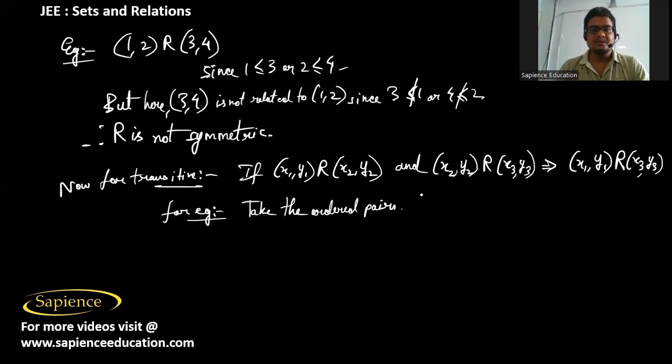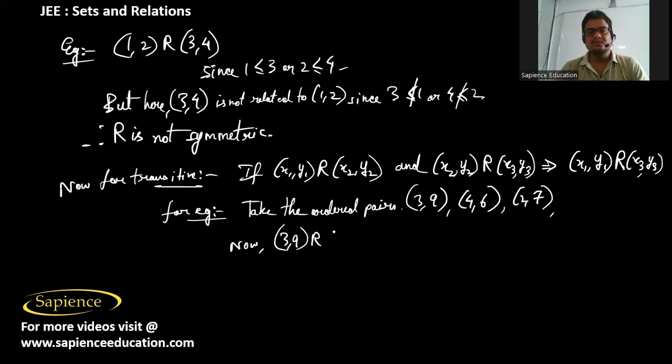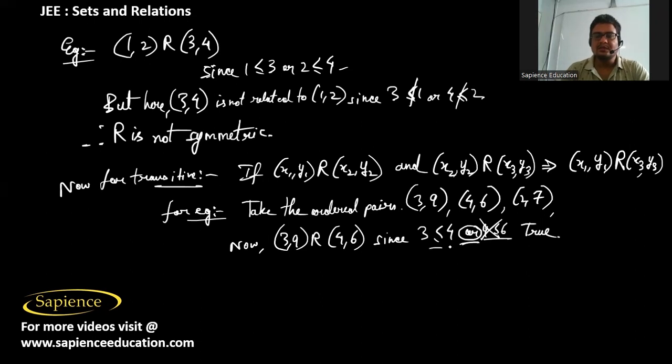So let's take the ordered pairs (3, 9), (4, 6) and (2, 7). Now as you can see, (3, 9) is related to (4, 6), since 3 is less than or equal to 4, or 9 is less than or equal to 6. The second part is not true, but since the or function is used, if any one of them is true, the whole statement will be true.